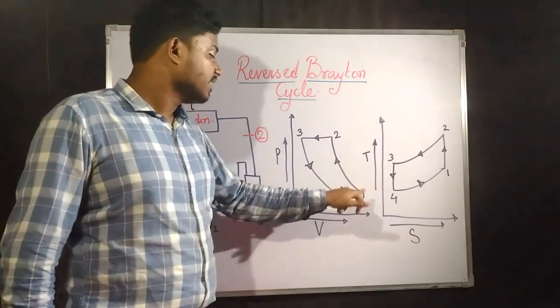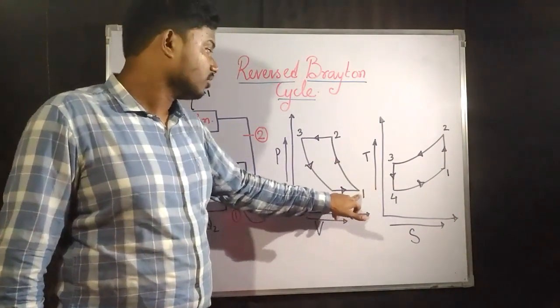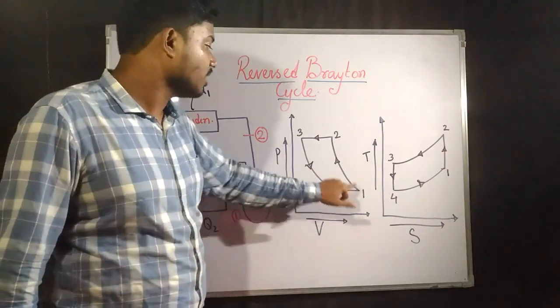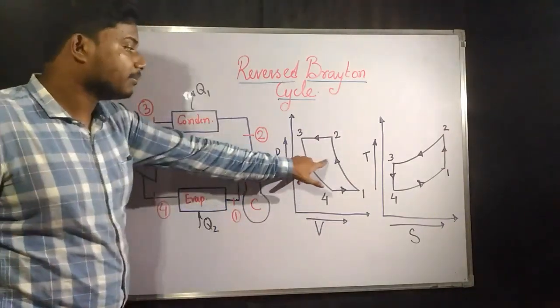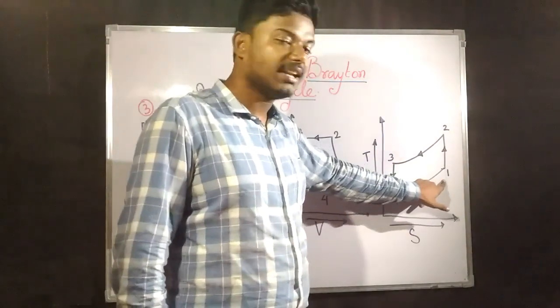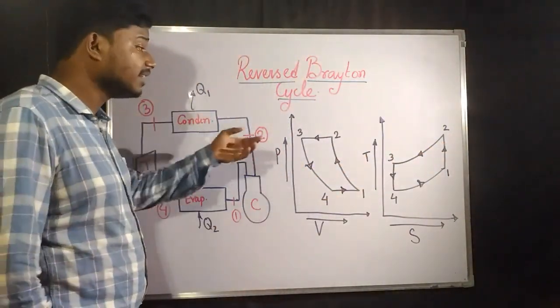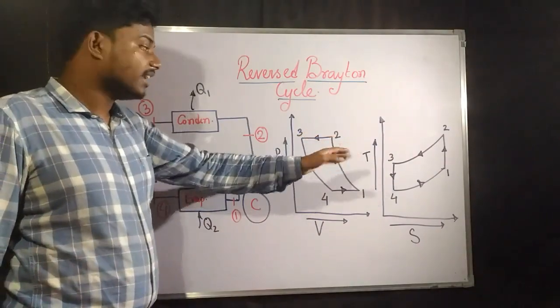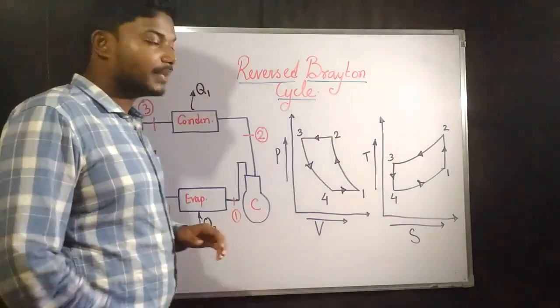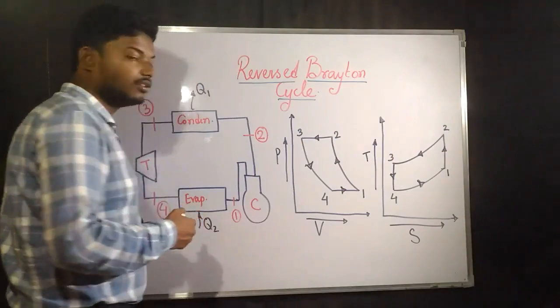Now it has started from here, from the compression. 1 to 2 is adiabatic compression. Similarly in the TS diagram, 1 to 2 is reversible adiabatic, or isentropic, compression.